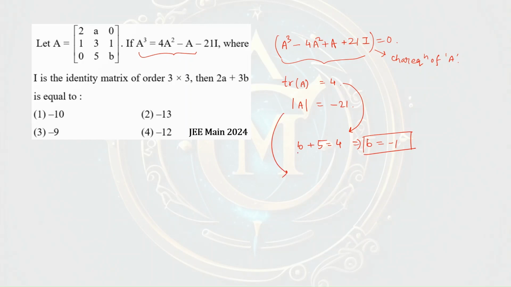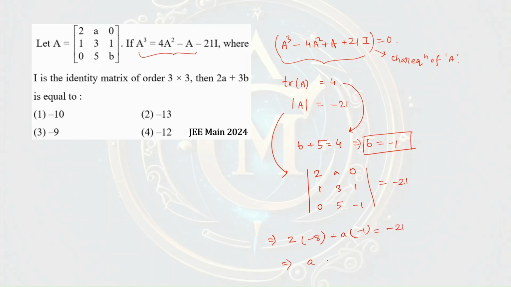And from here we get the matrix with rows 2 A 0, 1 3 1, 0 5 B, and B is minus 1. This determinant is equal to minus 21. That means if we expand this determinant, 2 times minus 3 minus 5, so minus 8, minus A times minus 1 is equal to minus 21.